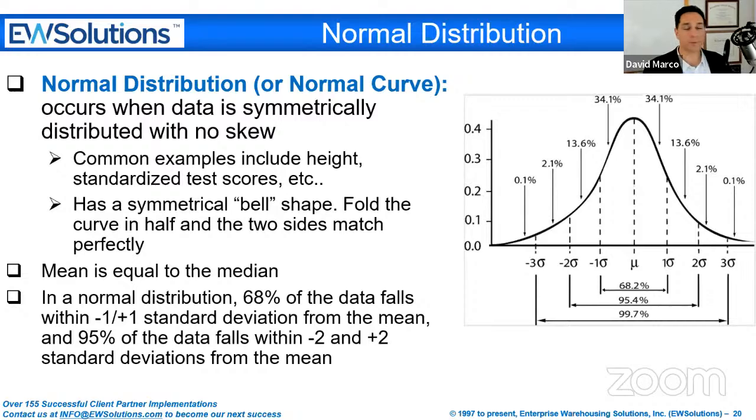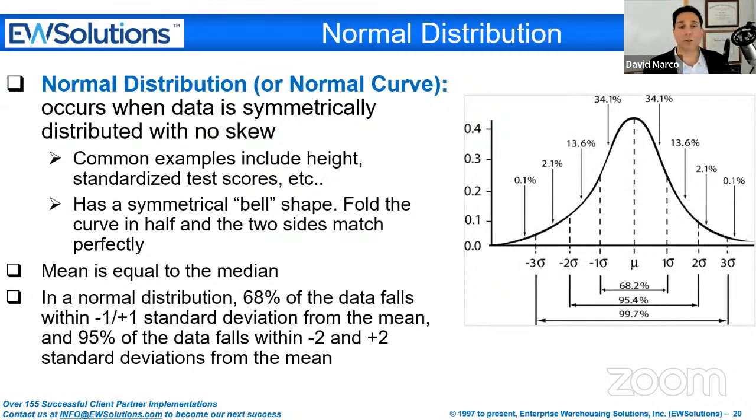So normal distribution is a concept where data is symmetrically distributed without any skew. So what the heck does that mean? It means that we are going to cut this data in half, and we're going to make sure that all the different points that we're measuring, that we have as many points on one side of this curve as we do on the other.